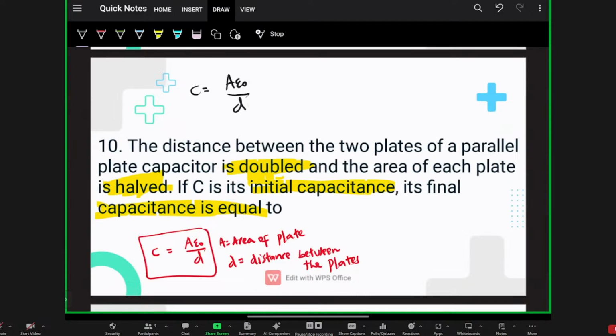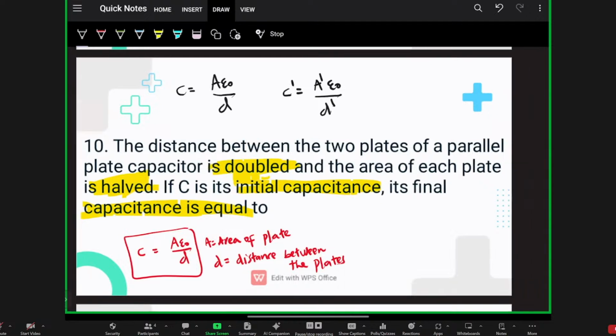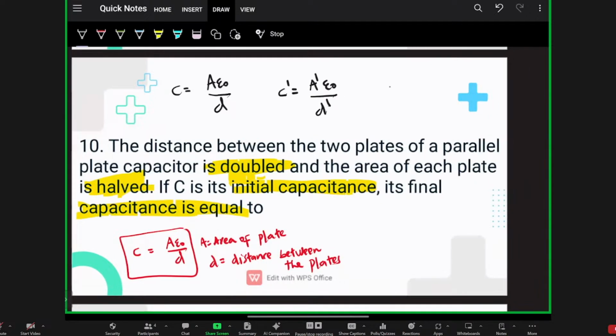Now we have to find out the final capacitance. I'm taking the final capacitance as C dash. So C dash will be A dash epsilon naught divided by D dash. We have to find A dash in terms of A, and D dash in terms of D. It's saying the distance between the two plates of a parallel plate capacitor is doubled.